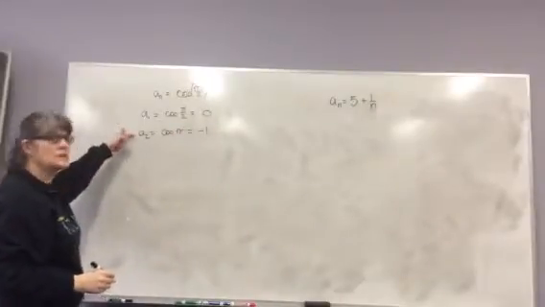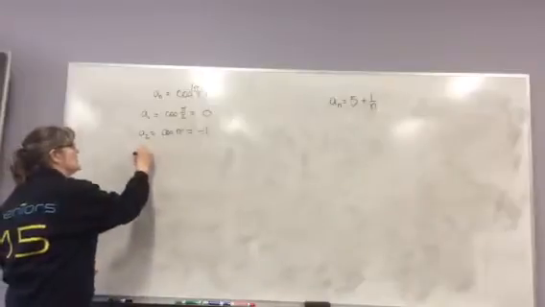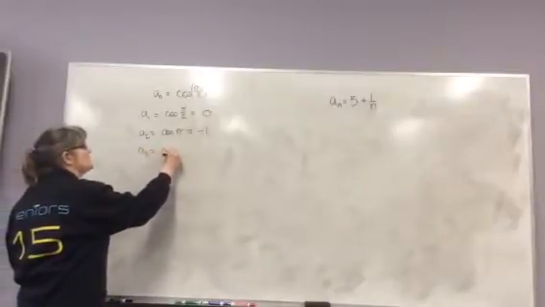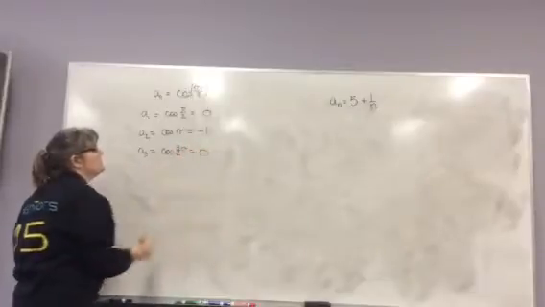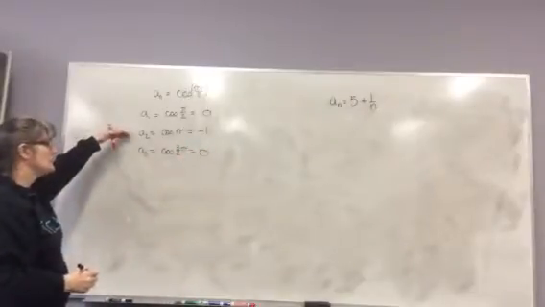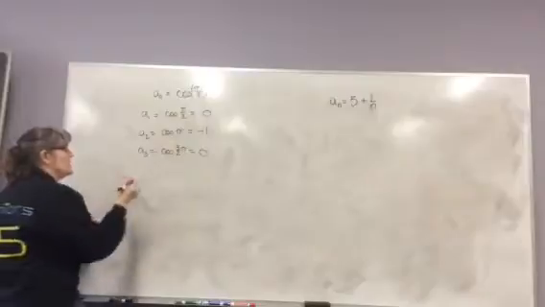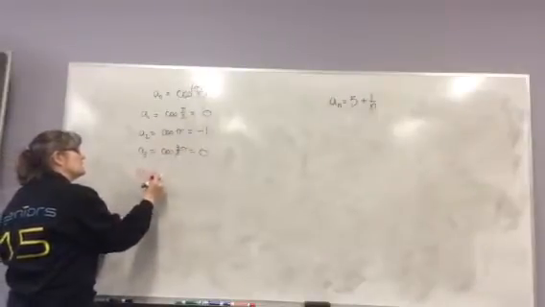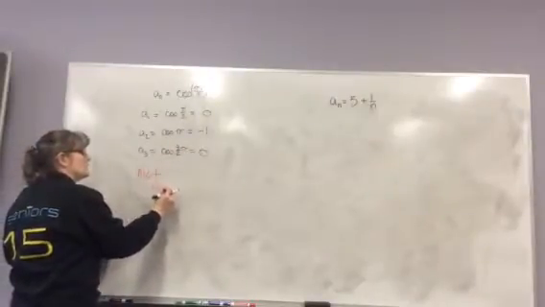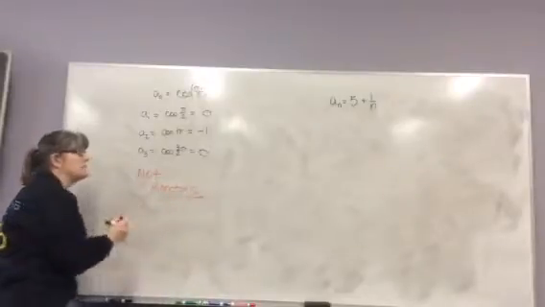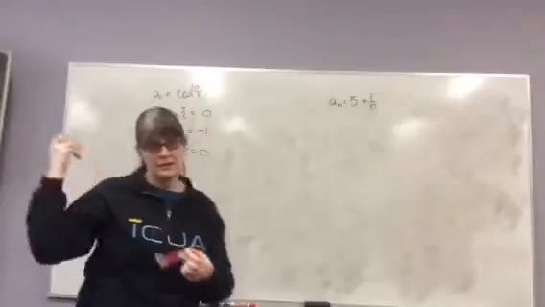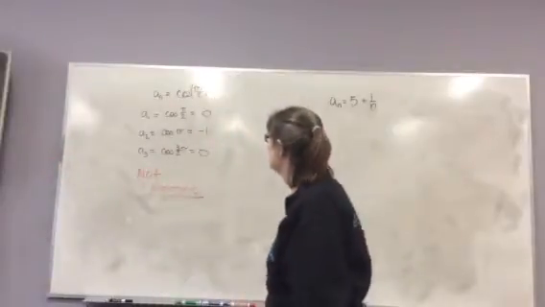So far, my sequence is decreasing. a_3 is the cosine of 3 pi over 2, which is 0. Well, now I went from decreasing to increasing, therefore this one is not monotonic. I've demonstrated that just by listing a few terms.